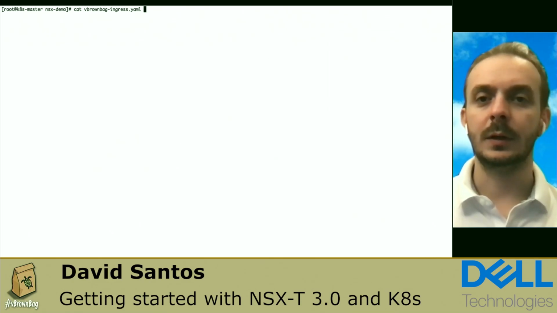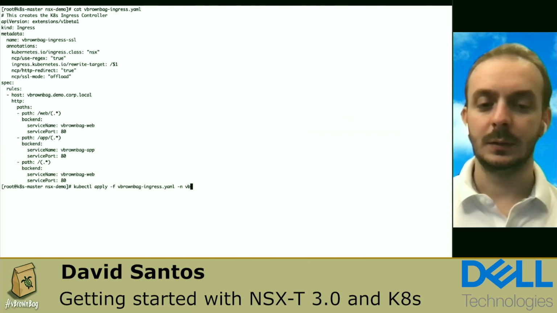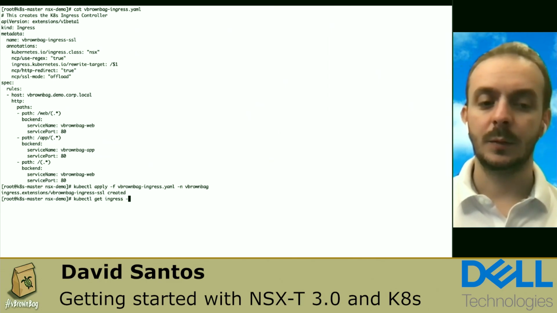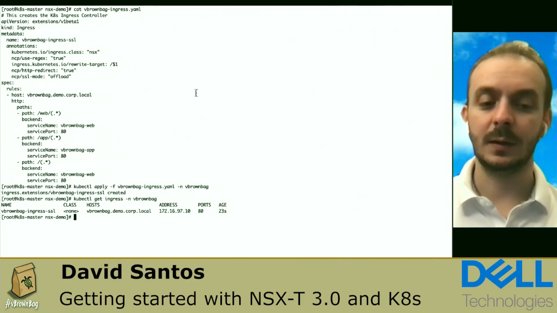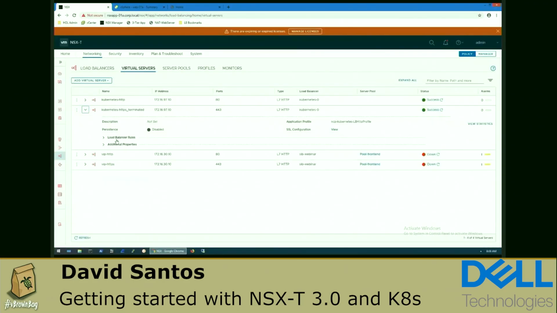So I'm gonna take a look in the ingress configuration, and here we can see that we have /web to the vBrownBag web and /app to vBrownBag app. I'm gonna apply this configuration to our namespace vBrownBag, kubectl get ingress, and here you can see that our URL vBrownBag.demo.corp.local is running.